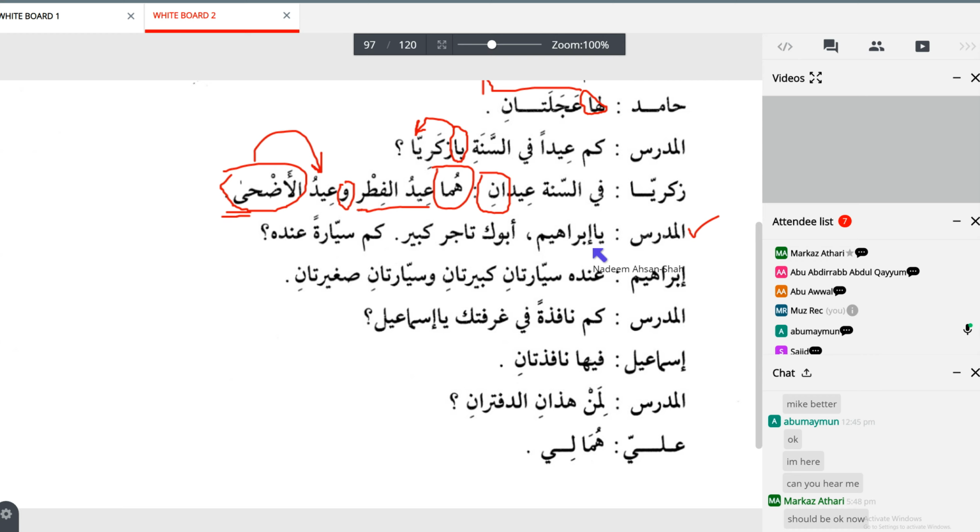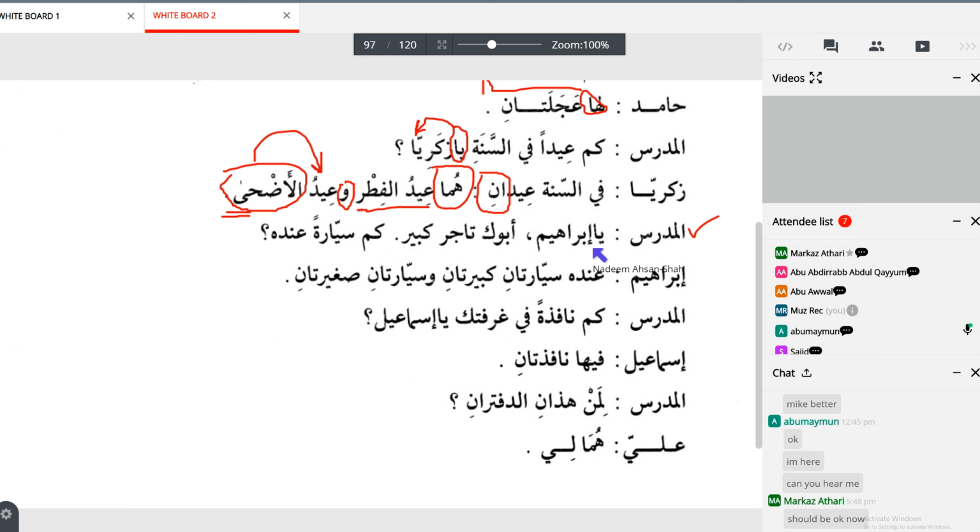He says غرفة. Why, ya akhi Sajid? غرفتك. You said غرفتك because of harful jar, because of fi. غرفتي, and it's mudaf, so only one kasra, and then joining it with a kaf, which is mudaf ilayhi. So غرفتك: كم نافذة في غرفتك.